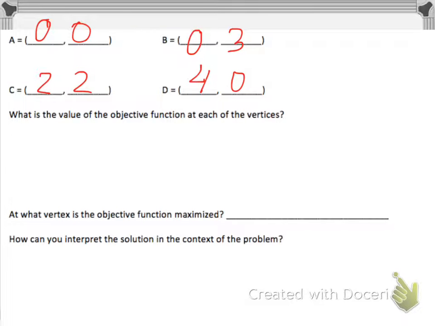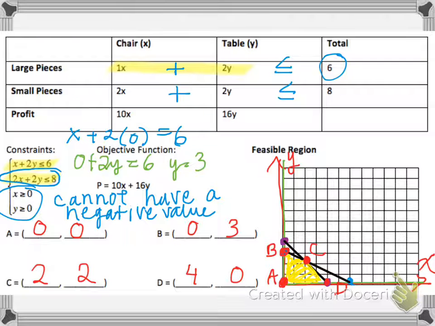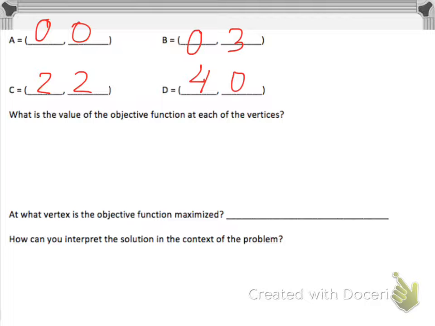And the objective function is this 10x plus 16y should be equal to our total profit, because we make $10 per chair and $16 per table. So I'm trying to maximize P equals 10x plus 16y.